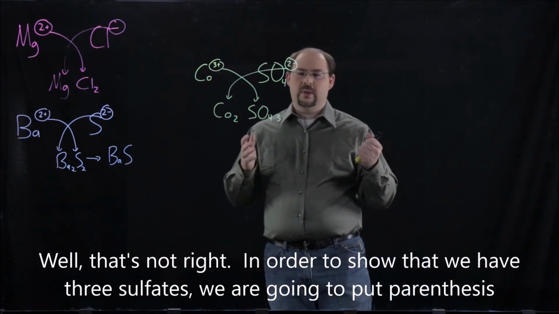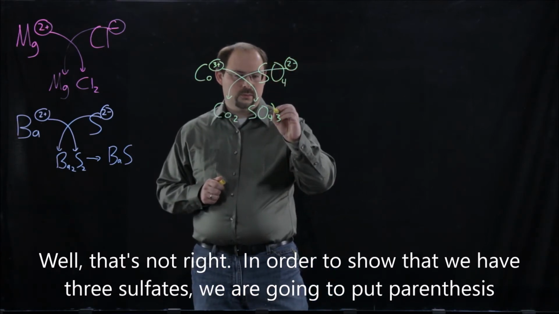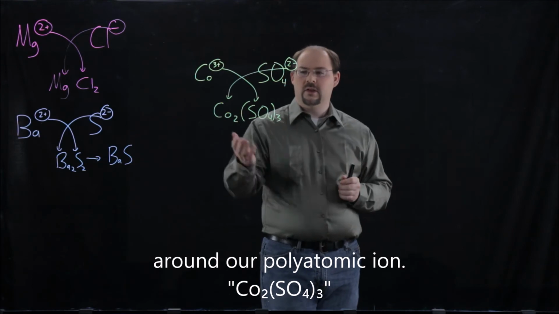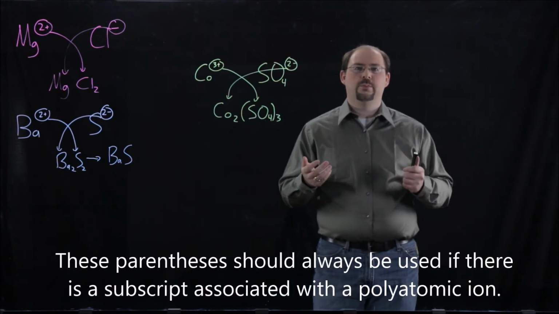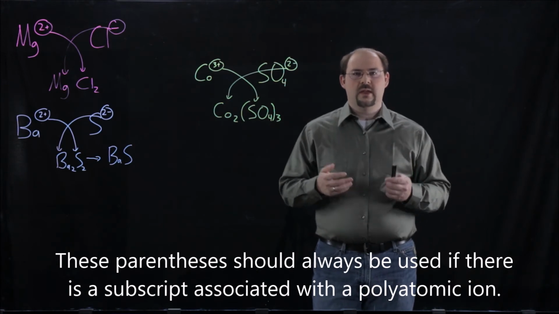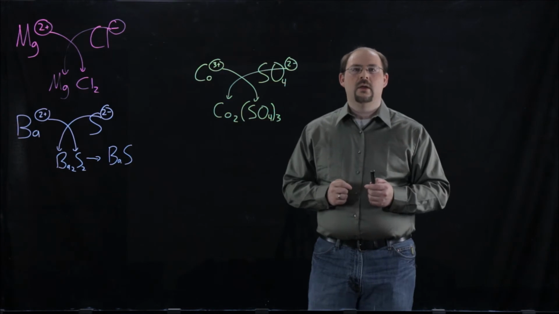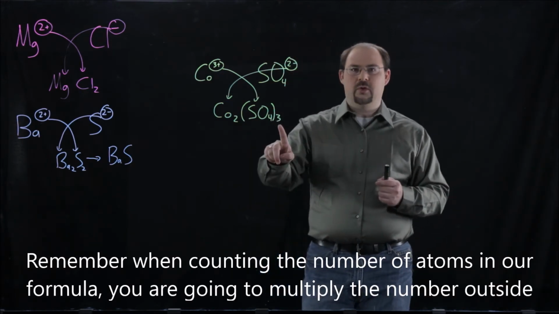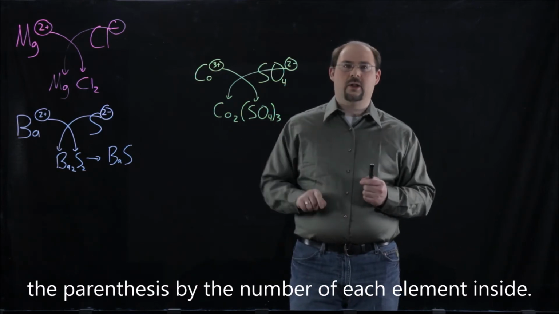So in order to show that we have 3 sulfates, we're going to put parentheses around our polyatomic ion: Co2(SO4)3. These parentheses should always be used if there's a subscript associated with a polyatomic ion. And remember, when counting the number of atoms in our formula, you're going to actually multiply the number outside the parentheses by the number of each element inside.